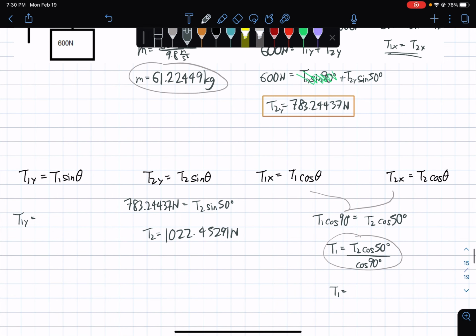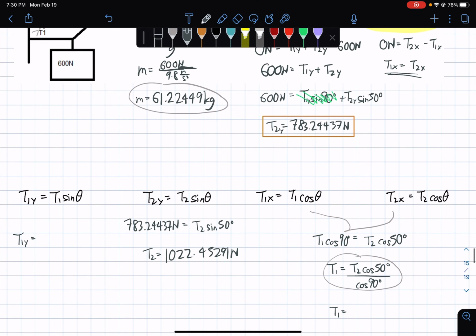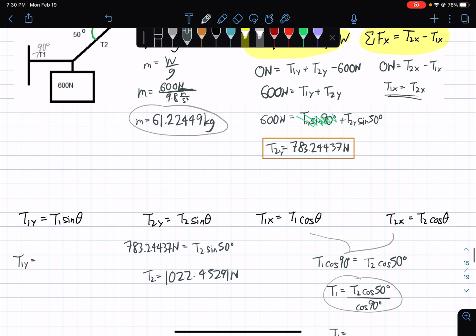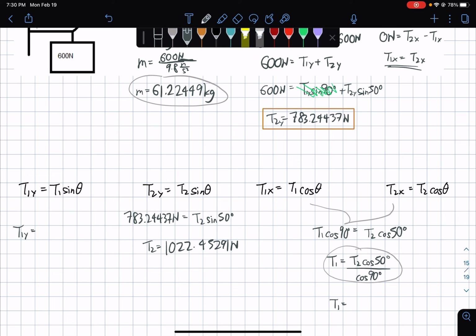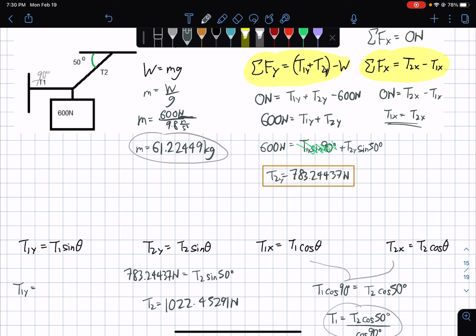For some reason it's wrong. 1022.45291 cosine 50.